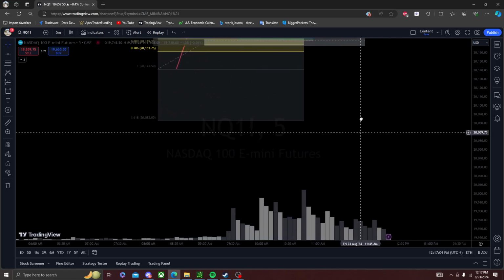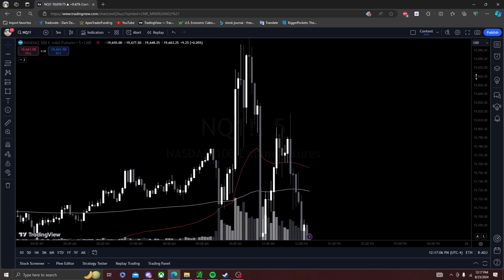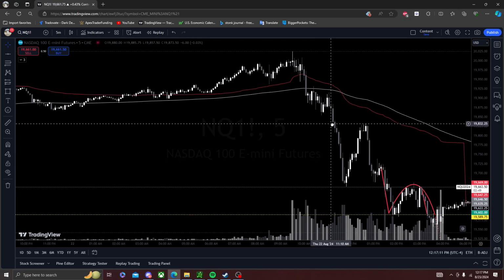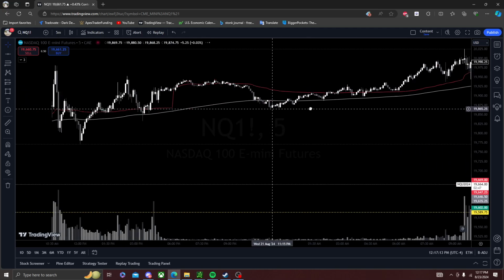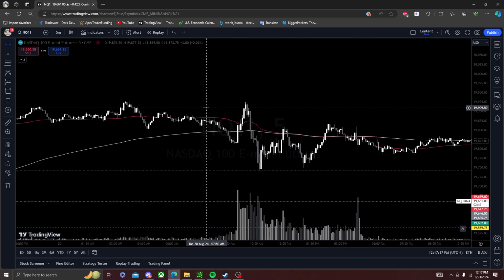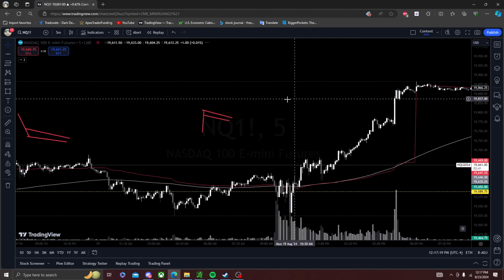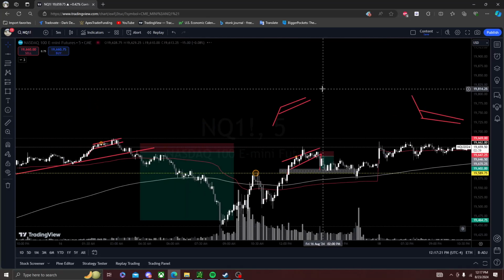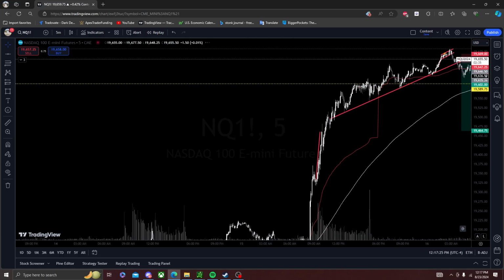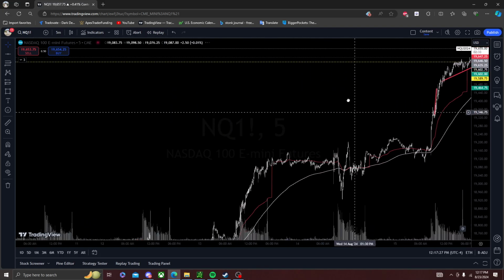So let's try and find an example of this, which I believe we had not too long ago. Well, I guess we could take a look at that silver bullet setup there, if I could find it.